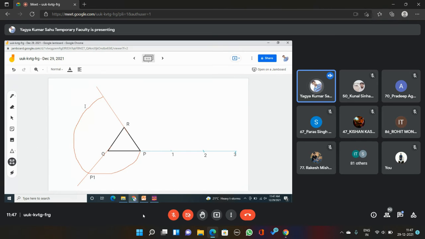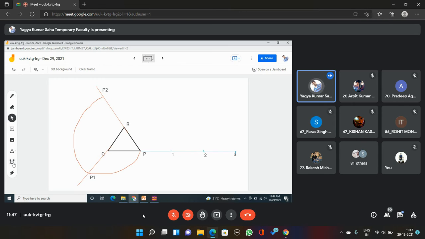We have point P2. Tell me the center and radius. Center P and radius P3. Very good. This is P2, not P3. Second point P2.